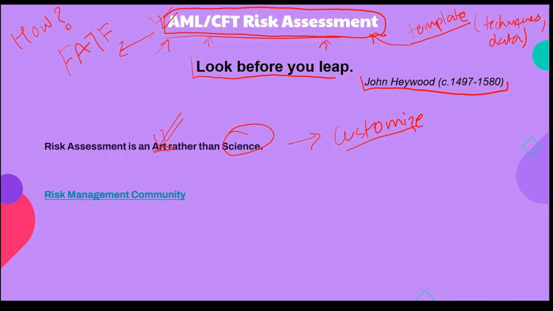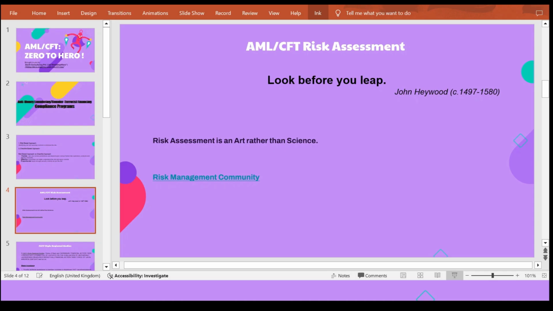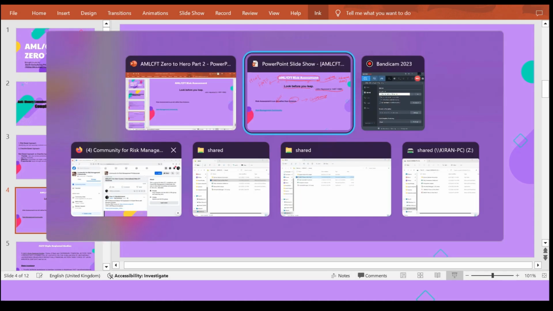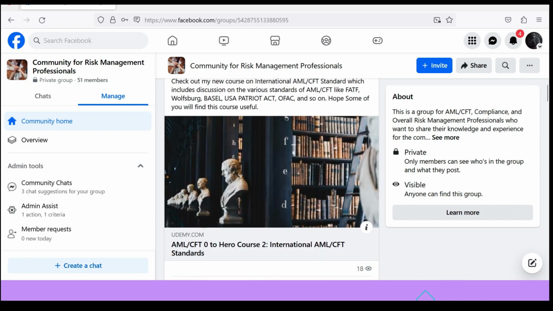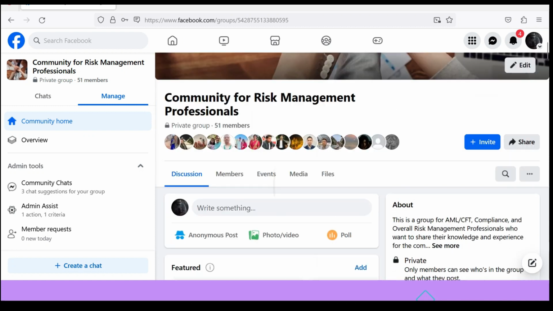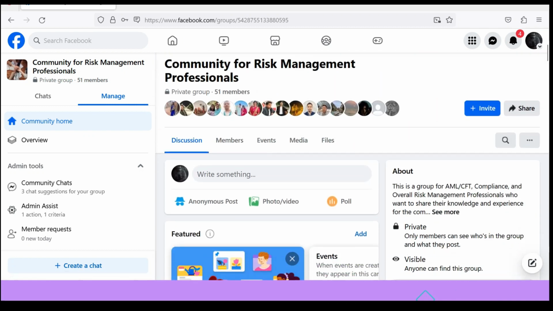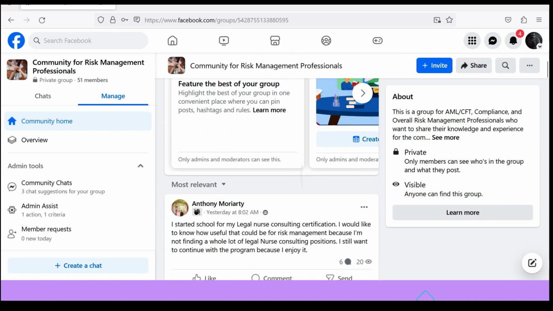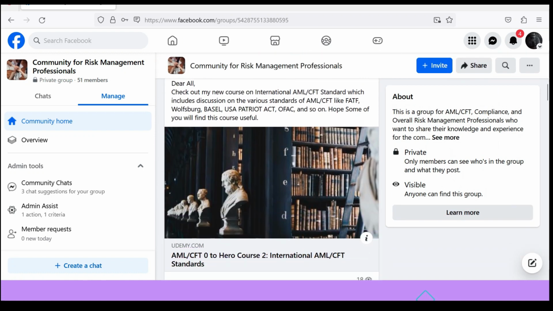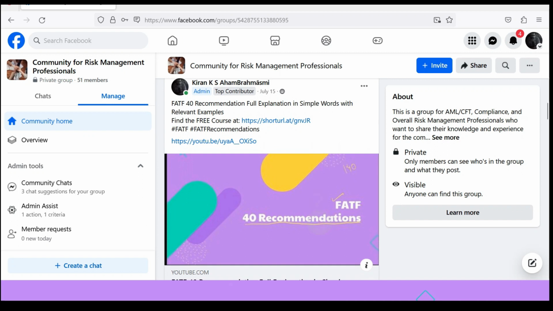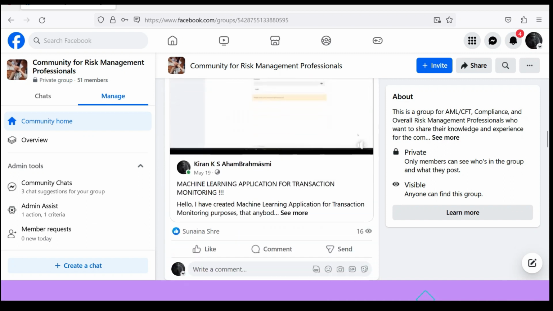If you have a different opinion than mine or would like to share or add something, then please do share this in our Facebook community. If you are still not part of this community, then please do join, as the vast knowledge and experience of various AML/CFT experts and risk management professionals awaits you.